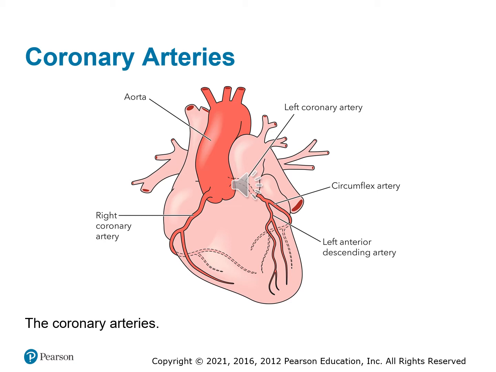And the circumflex kind of wraps around to the back side of the heart. You can see where these come right off of the aorta. So as the blood is being pumped from the left atria to the left ventricle, it is then flowing into the aorta, and thus that blood flow is able to travel to feed the heart.